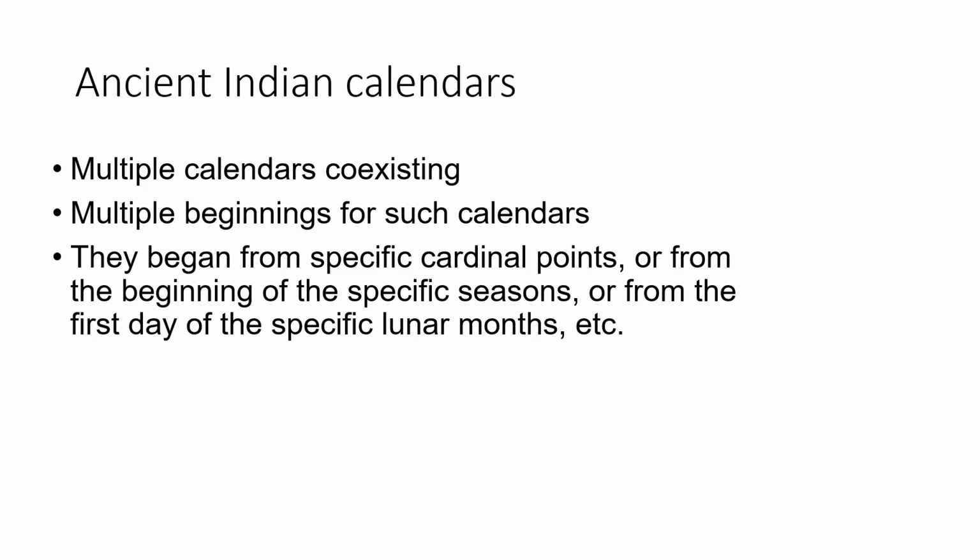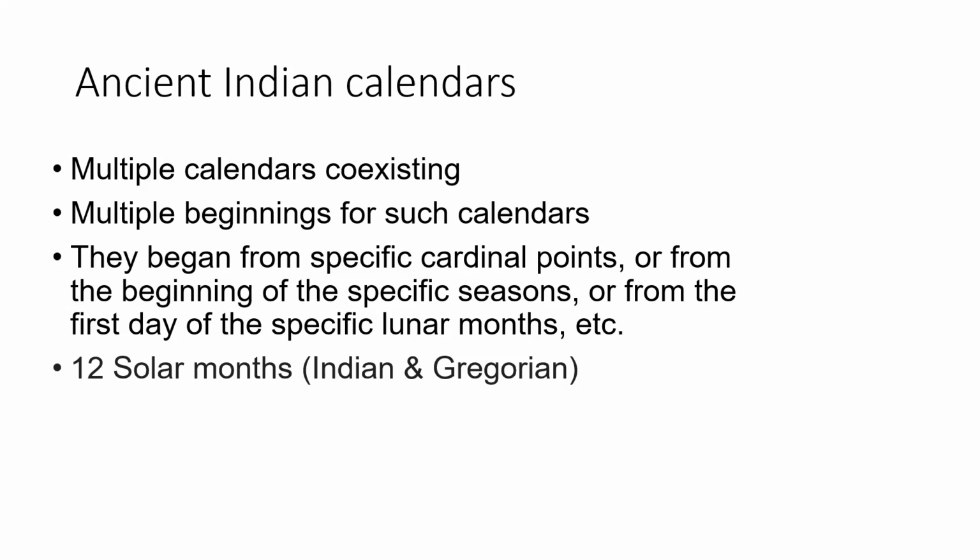These calendars had very specific purposes. Much of the knowledge about their origin is now lost. However, we can see the evidence about their existence in ancient times. Sometimes the evidence is direct, sometimes the evidence is indirect and therefore inferred. We will also look at the 12 solar months from the ancient Indian calendar and also from the modern Gregorian calendar.